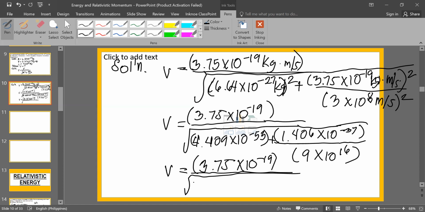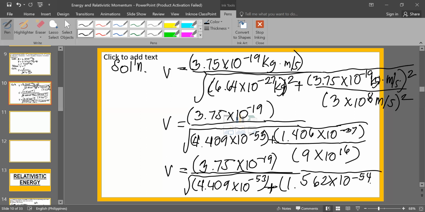So ibaba lang muna natin tong value ng M square, which is 4.409 times 10 raised to negative 53 plus 1.406 times 10 raised to negative 37 divided by 9 times 10 raised to 16, that could be equal to approximately 1.562 times 10 raised to negative 54.